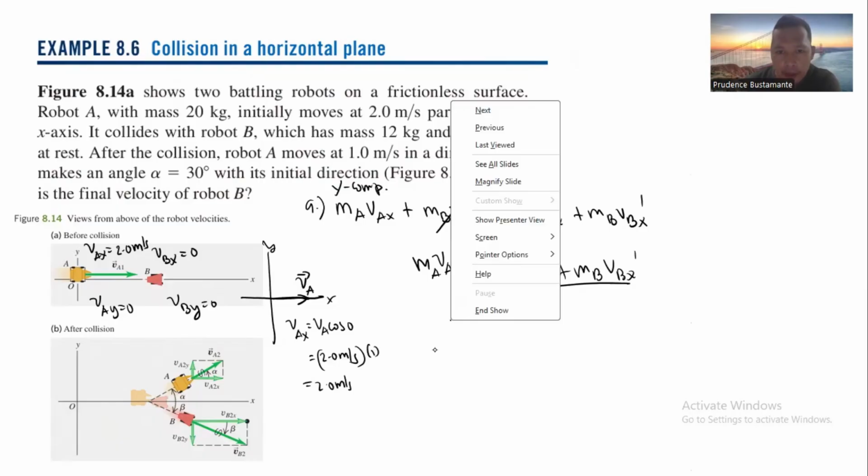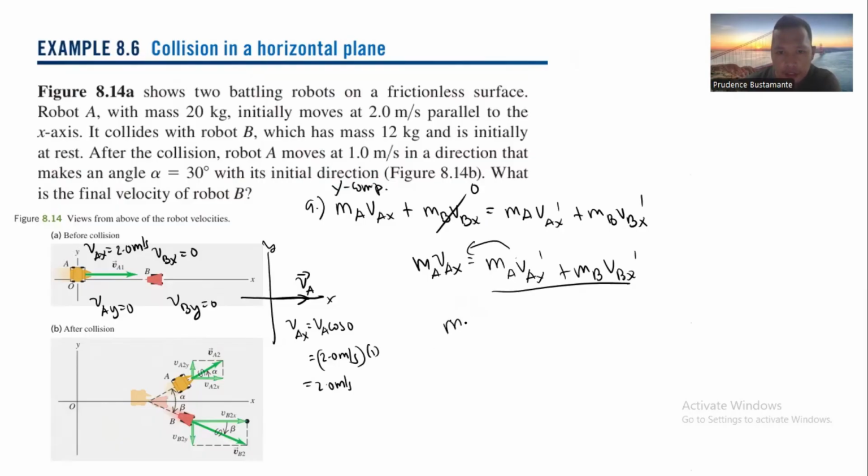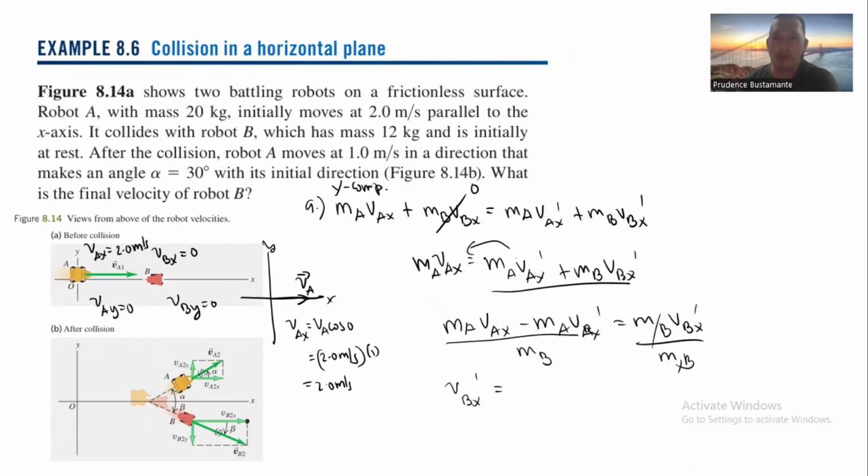We have MA VAX minus MA VAX prime is equal to MB VBX prime. We divide both sides by MB. So your VBX prime is equal to what?